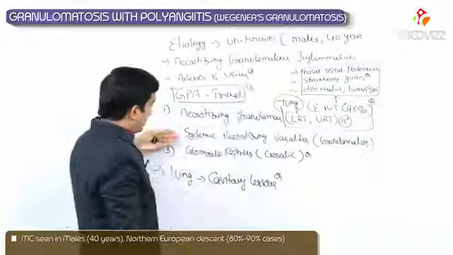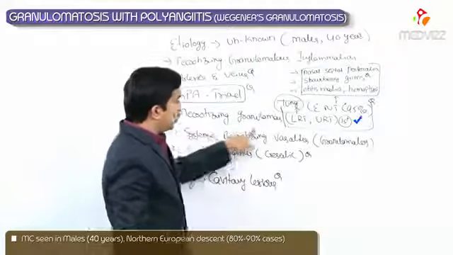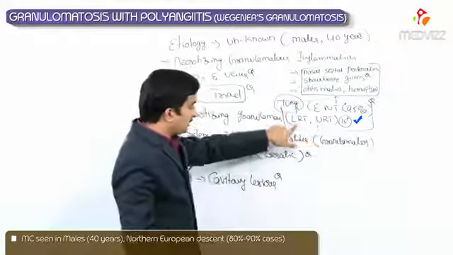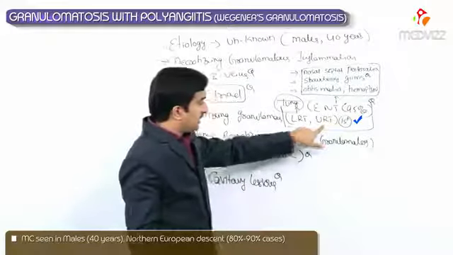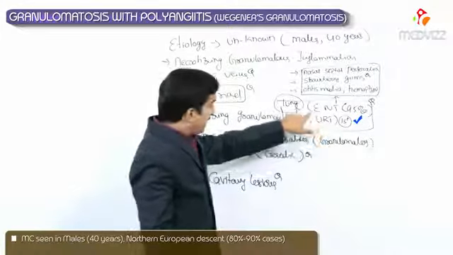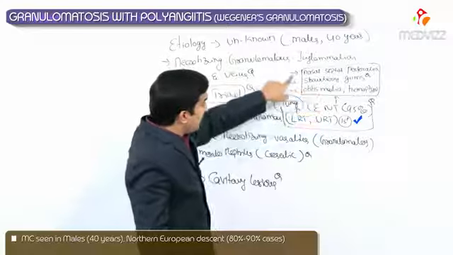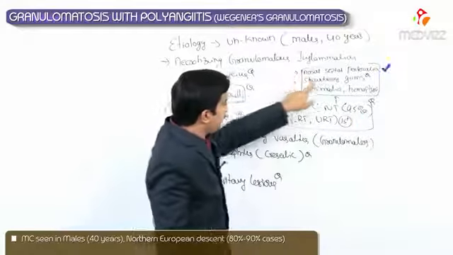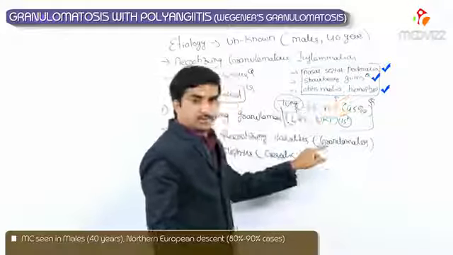We have a triad of clinical manifestations. The first one is necrotizing granulomas of the upper as well as lower respiratory tract. In 95% of cases, the initial presentation will be in the upper respiratory tract with involvement of ear, nose and throat, showing manifestations like nasal septal perforation, strawberry gums, otitis media, hemoptysis.